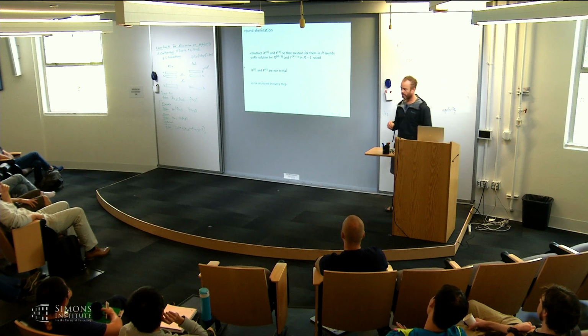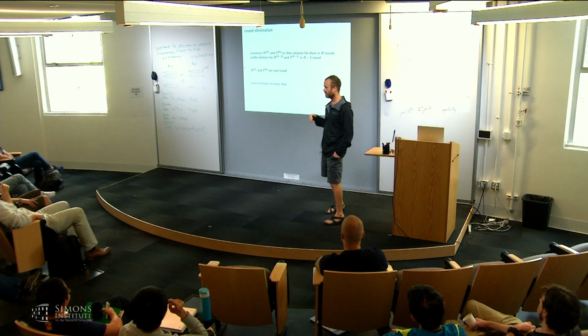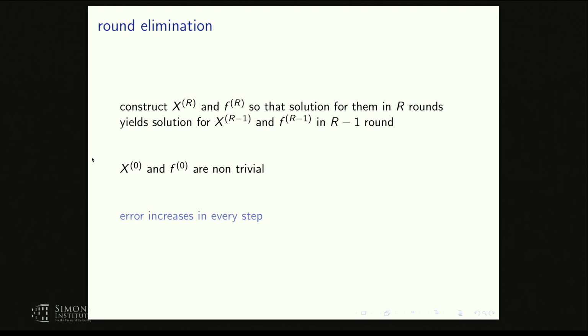So the way round elimination suggests to operate is something like this. We want to find something that is hard for R rounds. I call XR the input for the R-round problem, and FR the type of thing we want to compute.